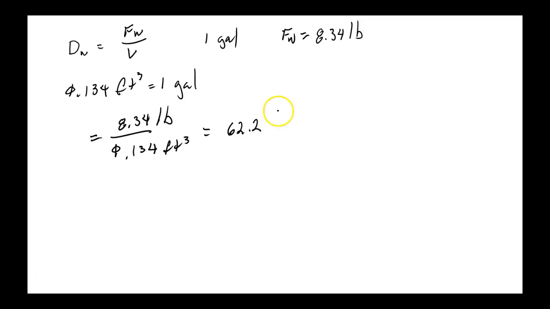Okay, that's going to be enough, because we only got 3 digits here, 3 digits there. So this is saying that the density of water is 62.2 pounds per cubic foot. Our table told us it was 62.4. So either this is a little bit warmer water or your gallon isn't exact or something like that.